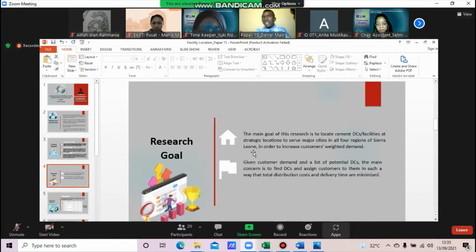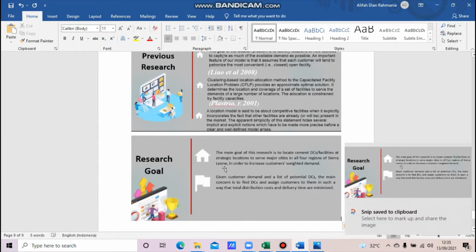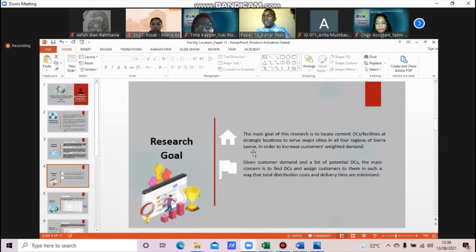Sierra Leone has four regions: the north, the south, the east, and the west. This research is trying to see how best we can have facilities to respond to the customers' weighted demand.